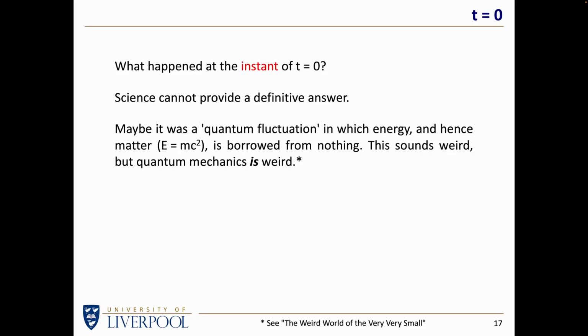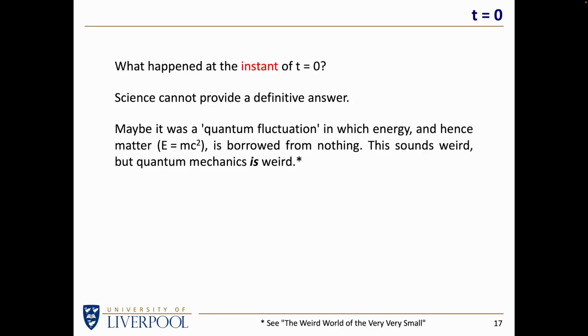It's believed by a lot of people that maybe it was a quantum fluctuation. Quantum theory says that you can have fluctuations, essentially fluctuations in nothing. One way of thinking of it is to say that you can borrow energy from nothing and then pay the energy back again.